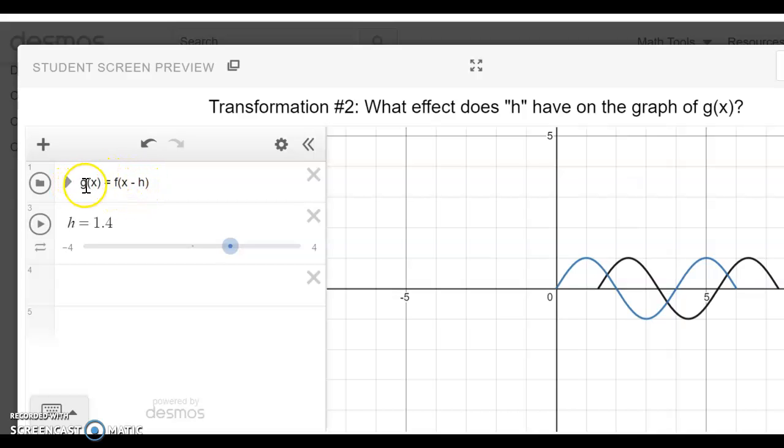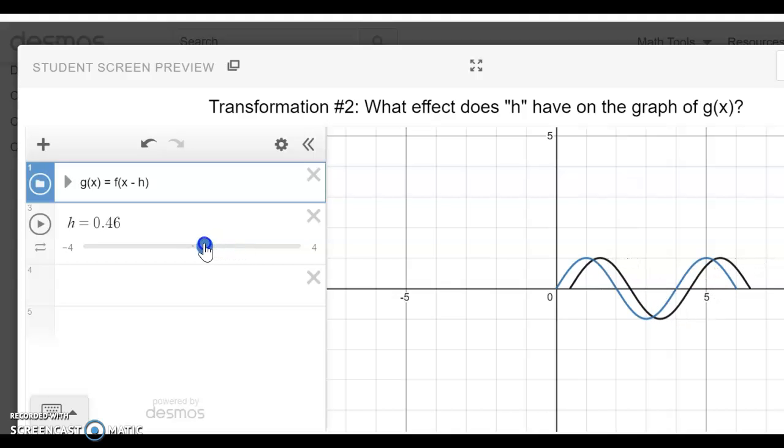Right now it says that g of x is f of x minus h. When h is a positive 1.4, that would show up as f of x minus 1.4. Whenever we have x minus some number inside our parentheses, we are shifting horizontally to the right.